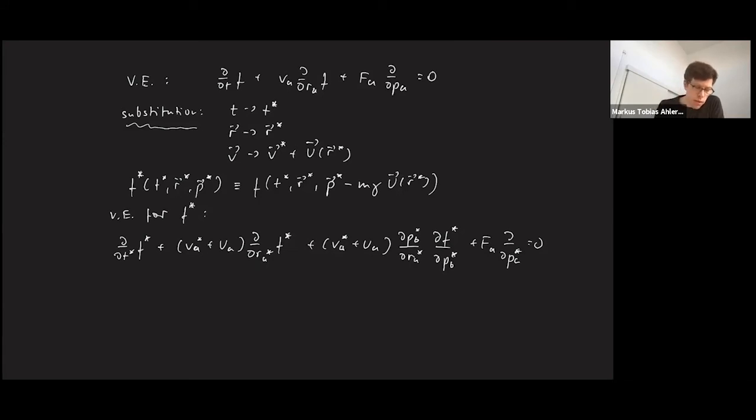So this term is going to be the derivative of P_B star with respect to R_A star, and this is given as minus m gamma, and now here you have the divergence, or rather the gradient at this point of the velocity field with respect to location.